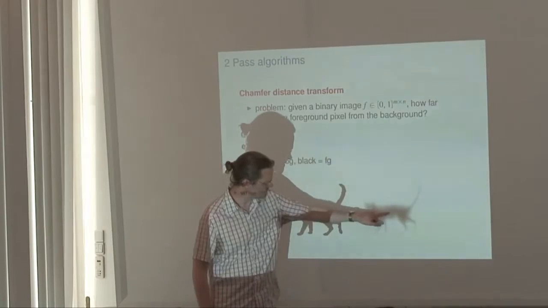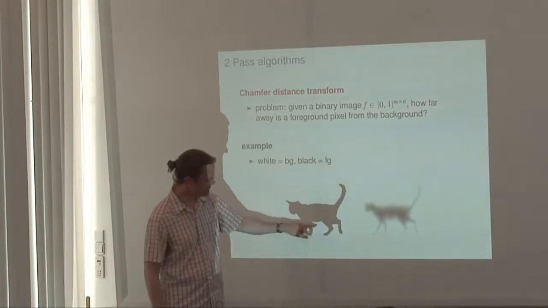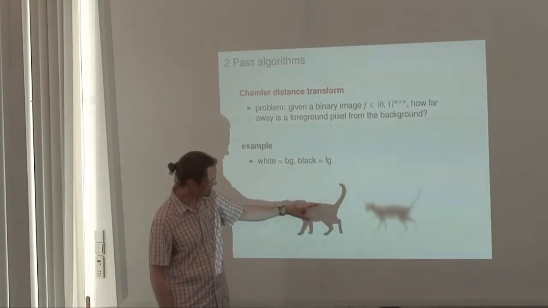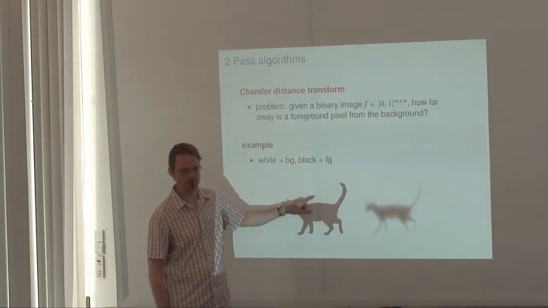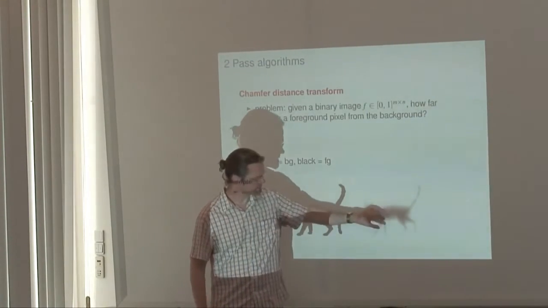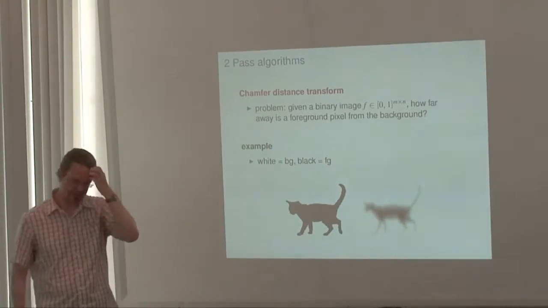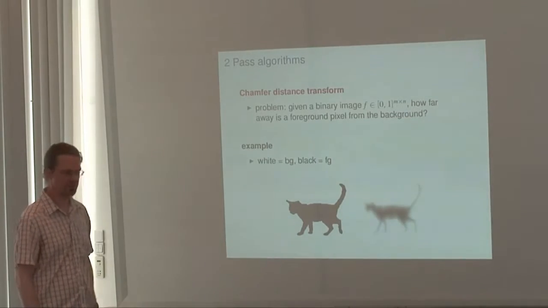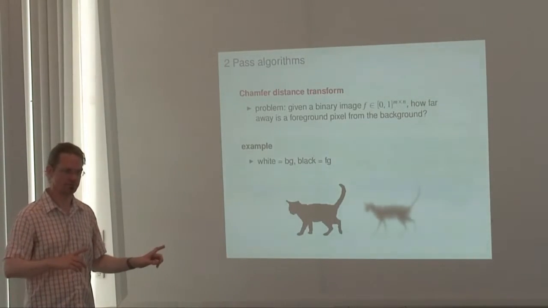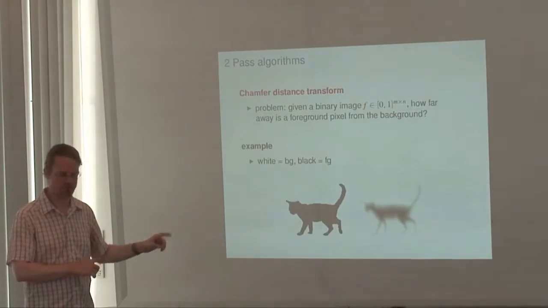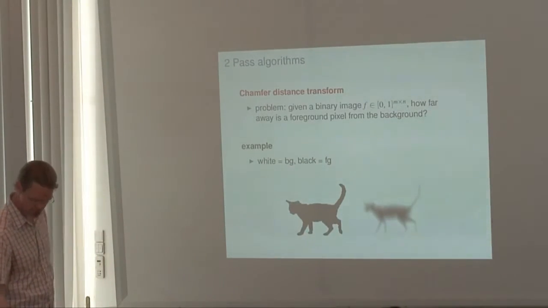A pixel here is very far away from the closest background pixel, whereas a pixel here is very close to the background. And the intensity shown in gray here, the darker, the farther away, indicates how far away a pixel is from the background. Can you follow me? All right, it's easy, right? This is what we want to get.